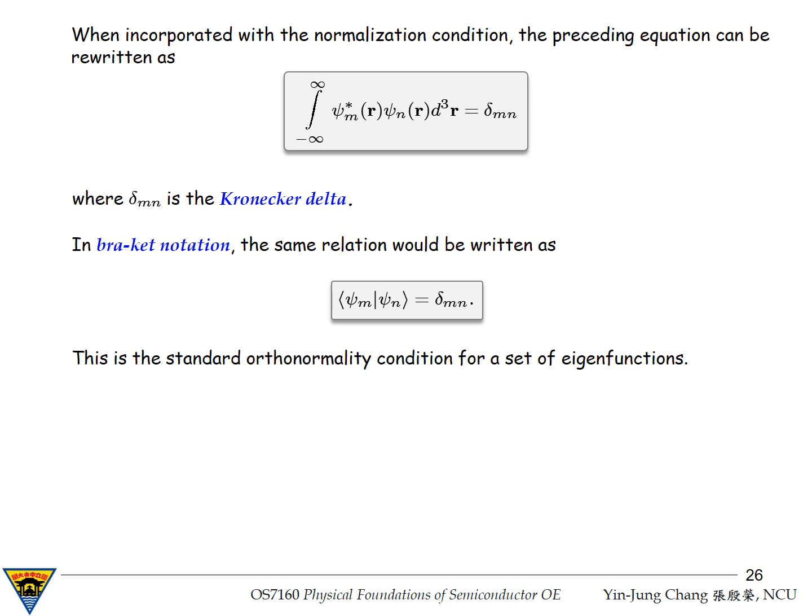On the other hand, in bracket notation, which was introduced a couple of slides earlier, the same relation would be written as shown. This is the standard orthonormality condition for a set of eigenfunctions. The word orthonormal simply means orthogonal and normalized.